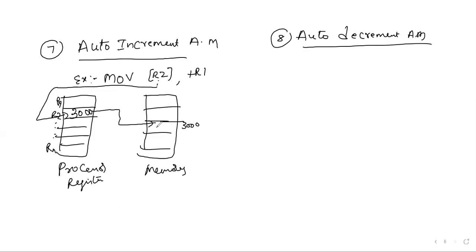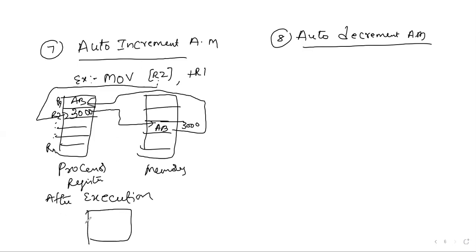If you have data AB in this 3000, this data is moved into the R1 register. After execution, the content of the R2 register changes to 3001.